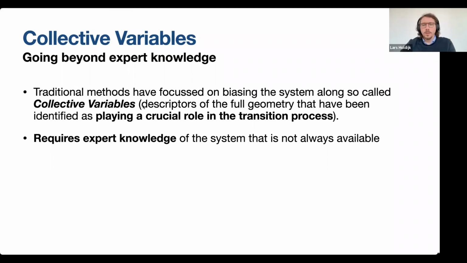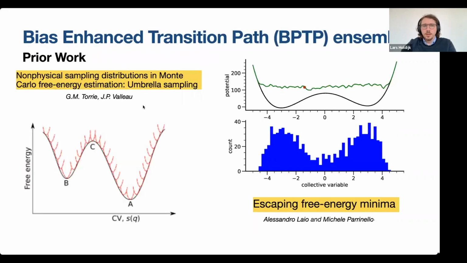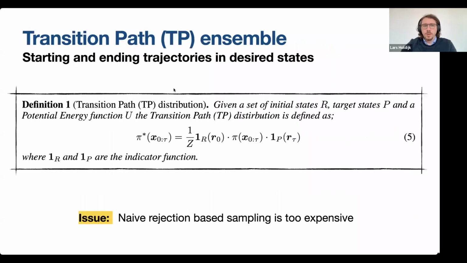As I said before, there are two main strands of research here. There's the strand of research called transition path sampling, where we directly sample from this distribution by using MCMC based methods. And there you often don't need collective variables, but you need something called order parameters, which define these initial and target states.